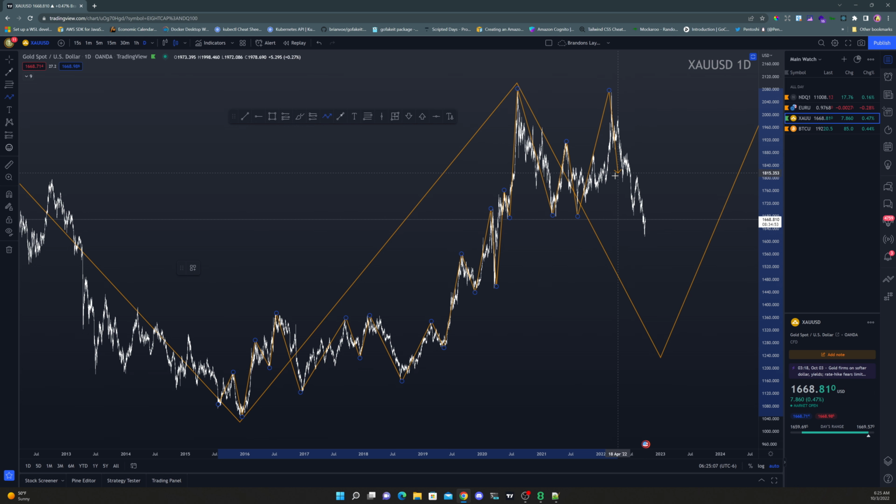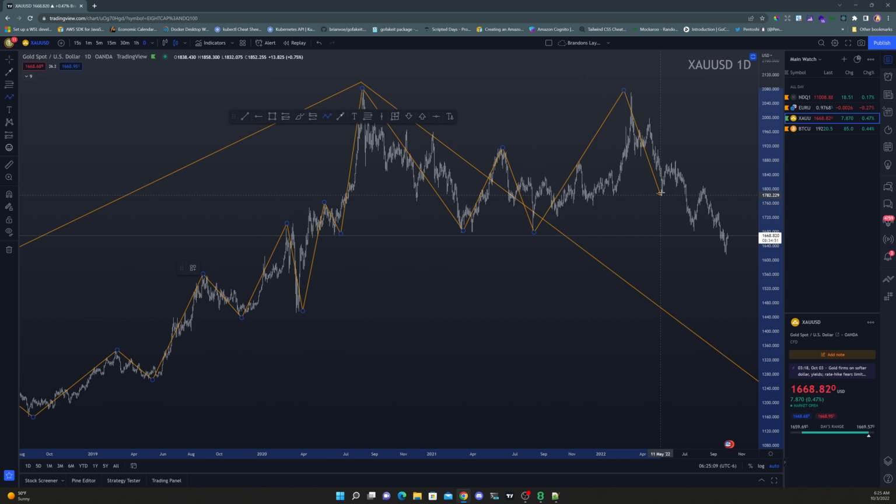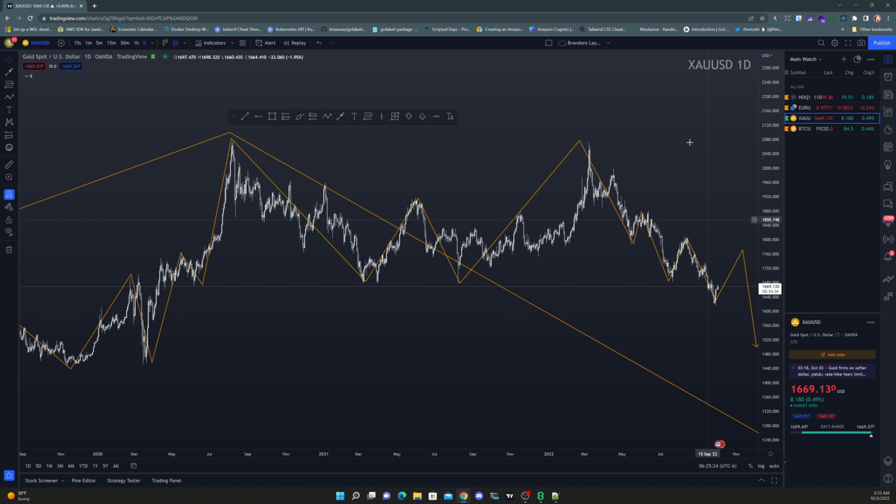Man, this is pretty hard to tell at this point. It's just so ugly. Lower low, lower high, lower low, lower high, lower low, lower high, lower low. We're going to do something like that.